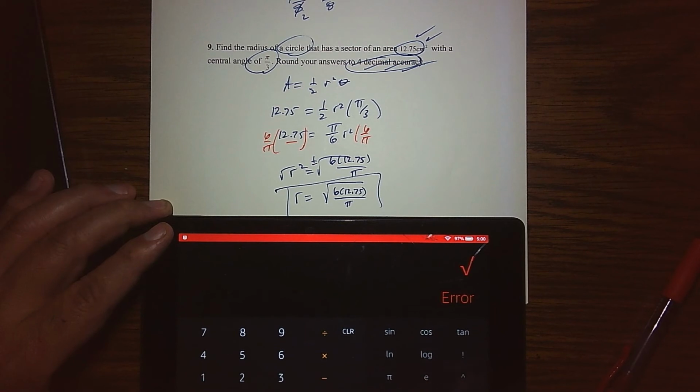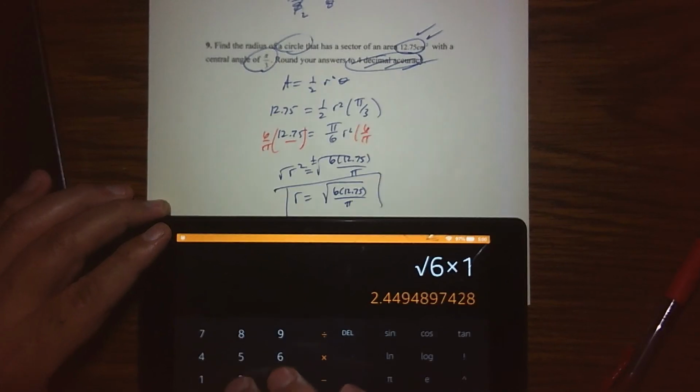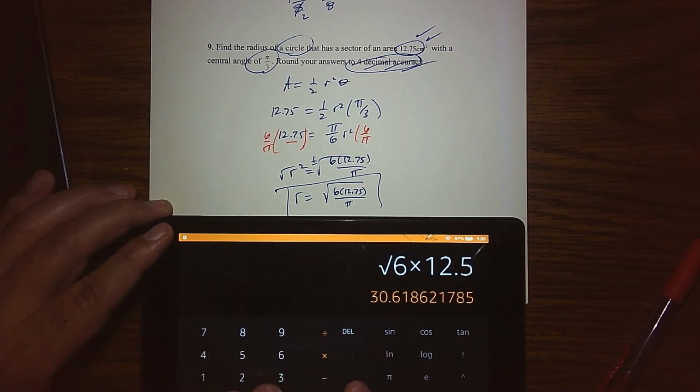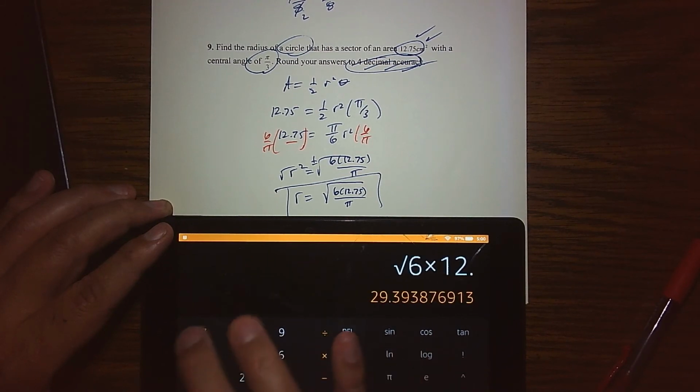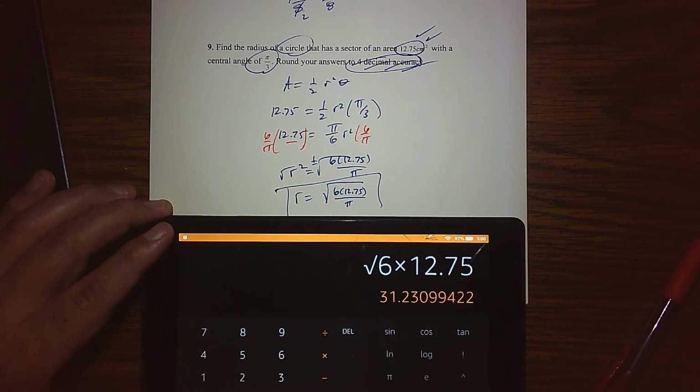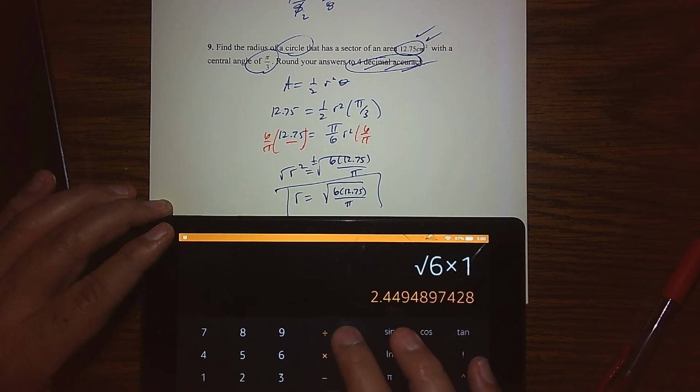Let me clear this up. I guess I have to take the square root of 6 times 12.75. Oops. I hope this is going to work. I probably should use some parentheses.